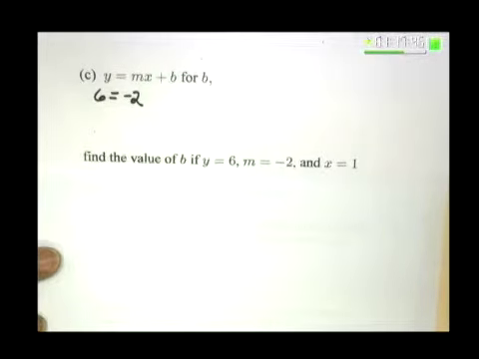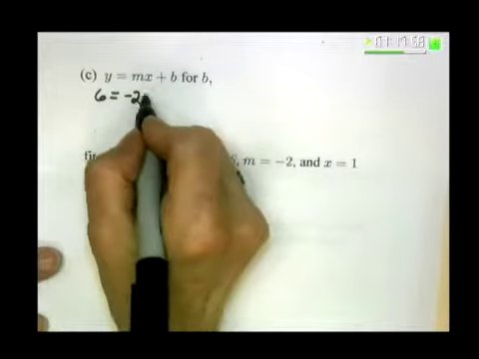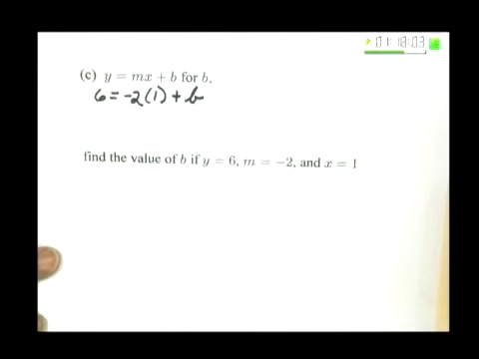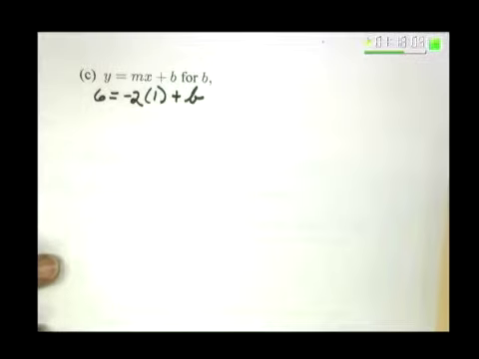And it says mx. When there is no symbol between two variables, you need to know that it means multiply. So mx means m times x. M is a negative 2. X is a 1, so I'm going to multiply it by 1 plus b.